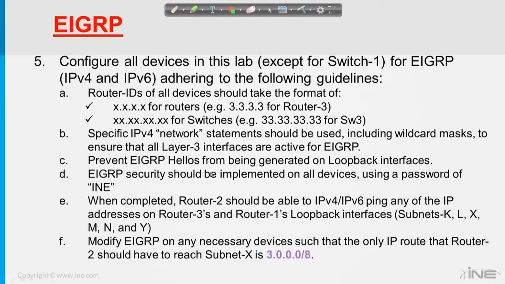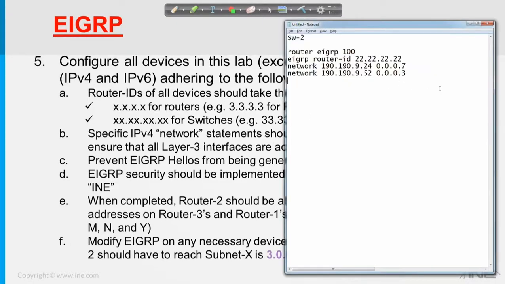EIGRP security should be implemented on all devices using a password of INE. Is that something that I would do right here, where I'm currently under config-router mode, or is that something I would do elsewhere? And if elsewhere, where would I do it? Yes, thank you guys. Everybody's replying back under the interface. That's right.